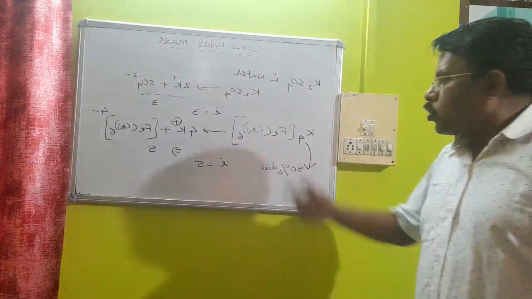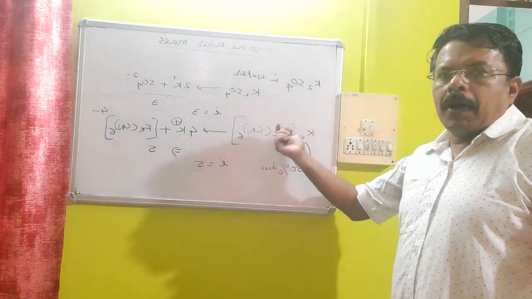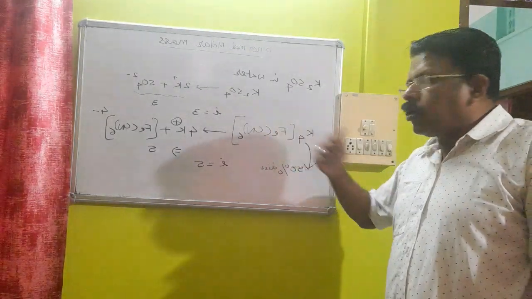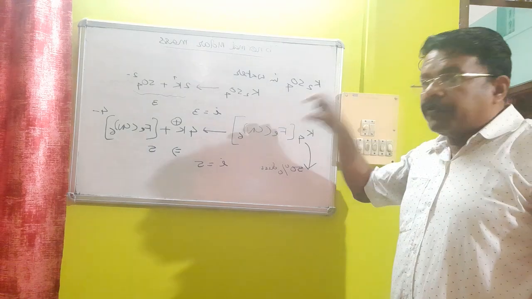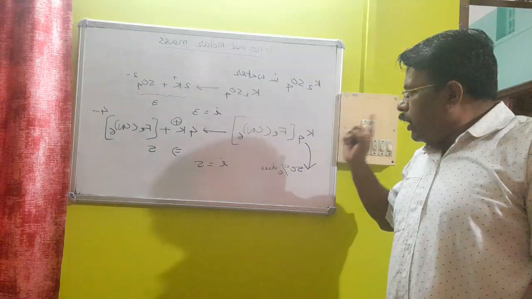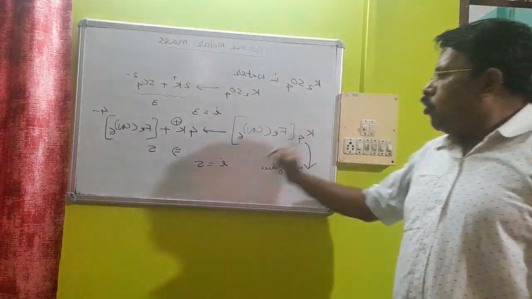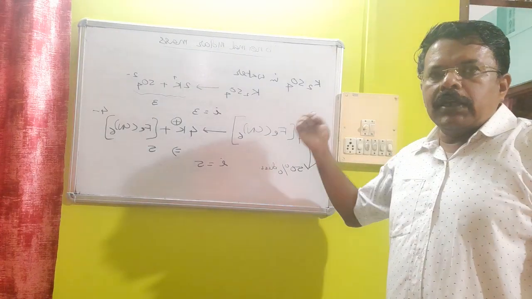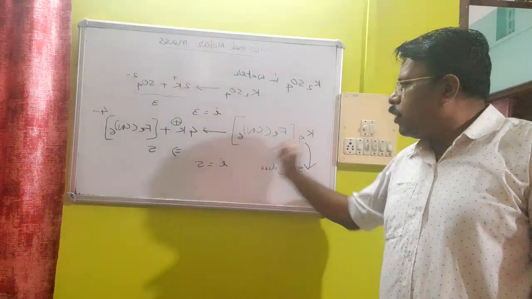So not all molecules are dissociating, only 50% is dissociated. In that case, the value of i will not be 5. If it is 100% dissociated, the value of i will be 5.